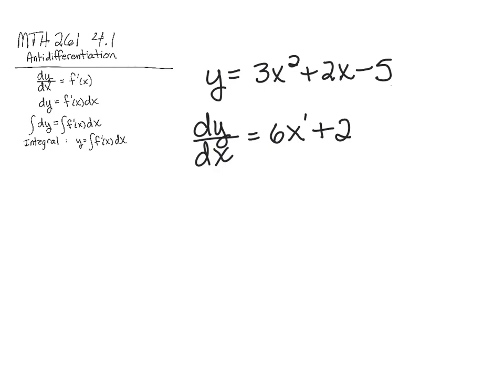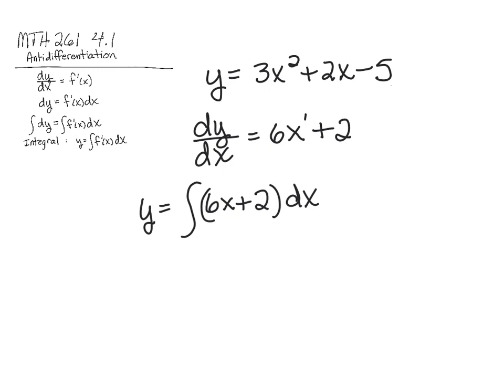Now what if we go backwards and we say that y is the antiderivative of this function, which is now the derivative of something, and we're going to go backwards.